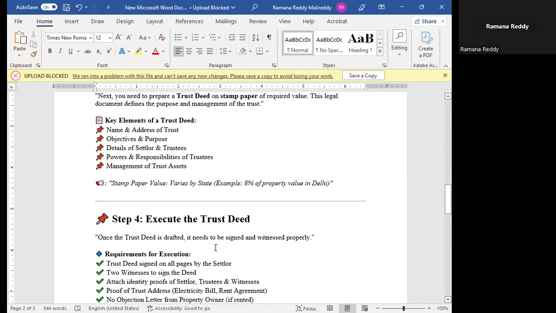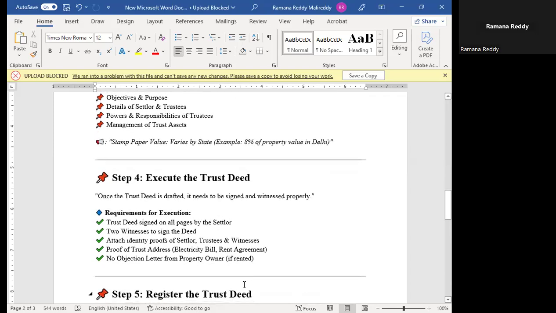Then step 4, execute the trust deed. Once the trust deed is drafted, it needs to be signed and witnessed properly. What are the requirements for execution? Trust deed shall be signed on all pages by the settlor. 2 witnesses to sign the trust deed.